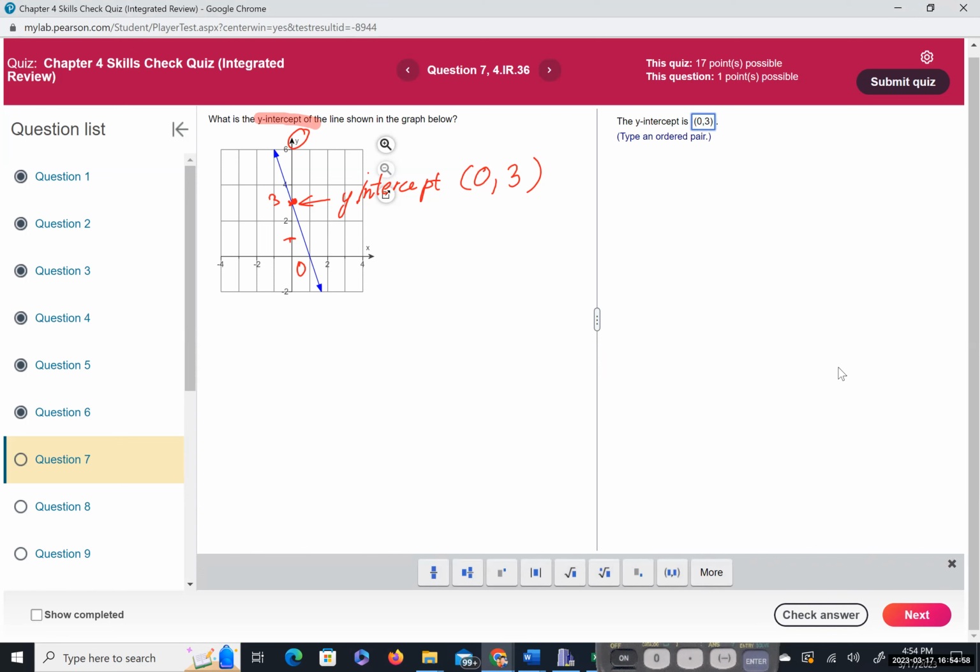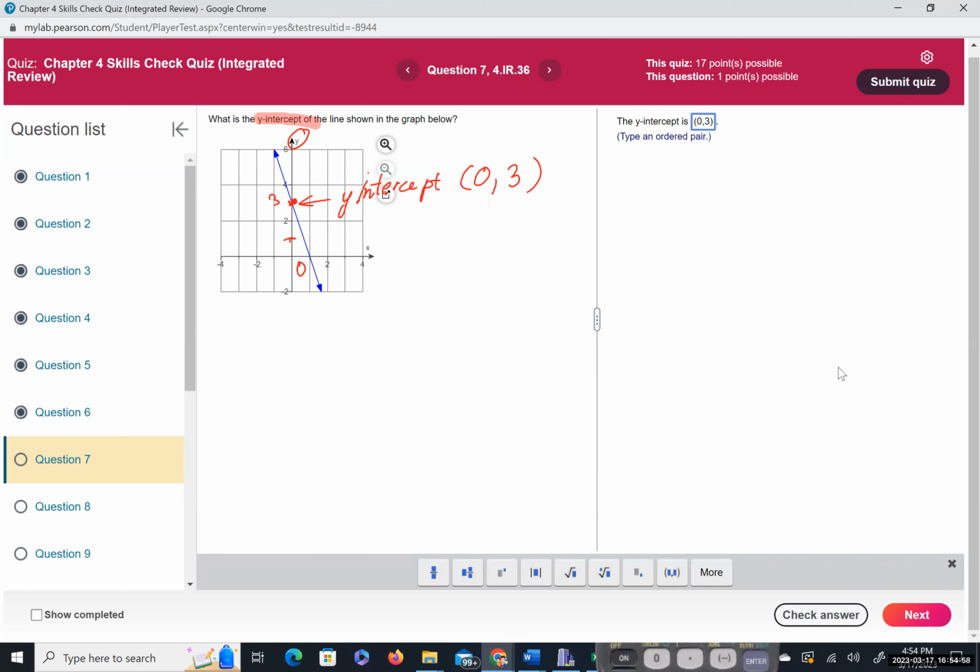You can do, to find y-intercept, substitute x equals 0 and find y. So we have the function, the equation was y equals 1/2 x, right?